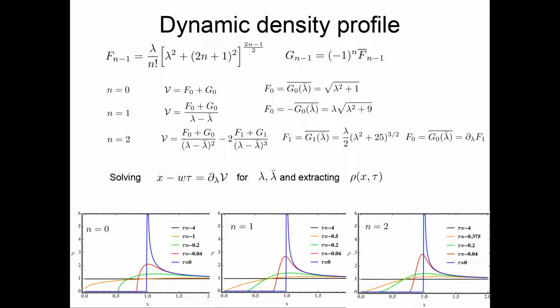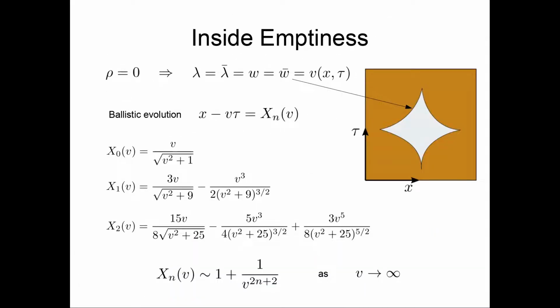Some insight into this solution can also be given by looking at the region inside the emptiness region. In this case, rho equals 0, and the problem simplifies considerably. There's still some dependence of lambda on x, but since rho is 0, lambda becomes real.